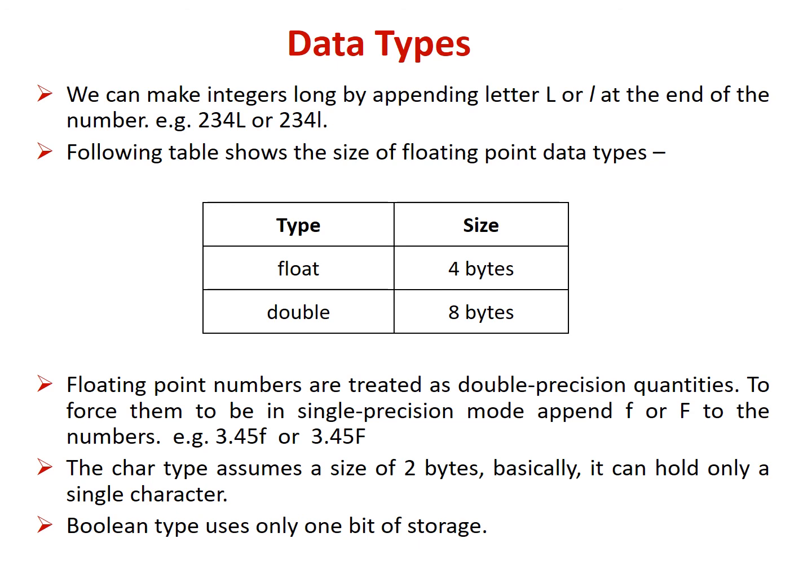To force them to be a single precision mode, append f or F to the numbers, as here 3.45F. The character type assumes a size of 2 bytes. Basically, it can hold only a single character. Boolean types use only one bit of storage.